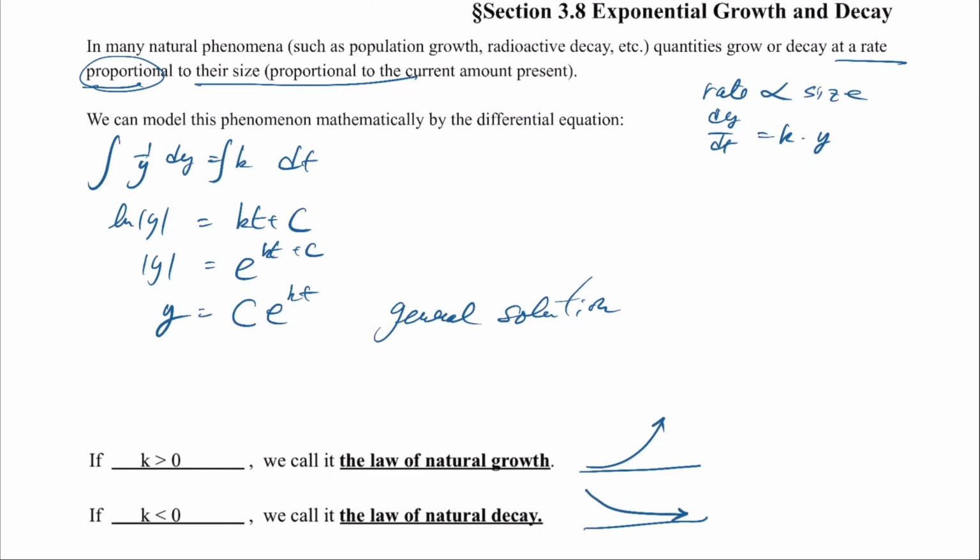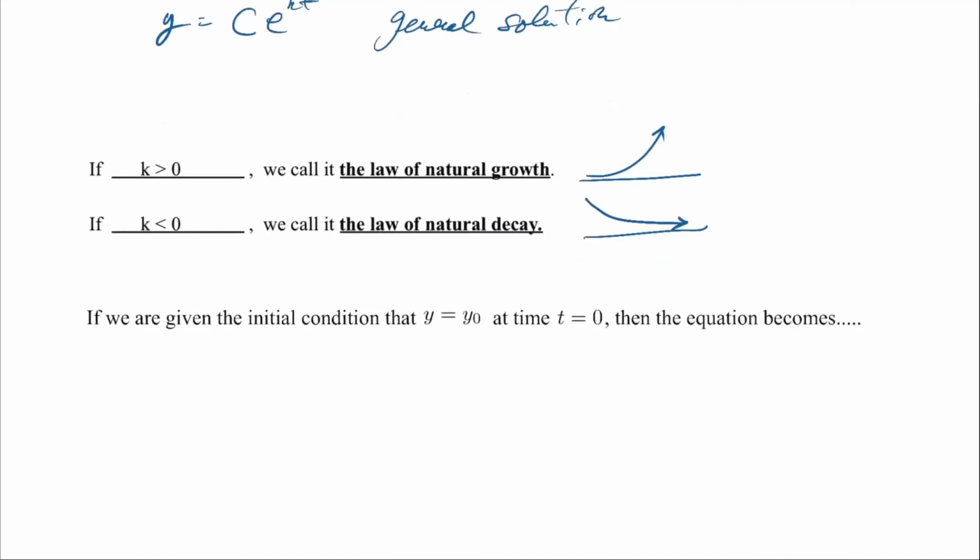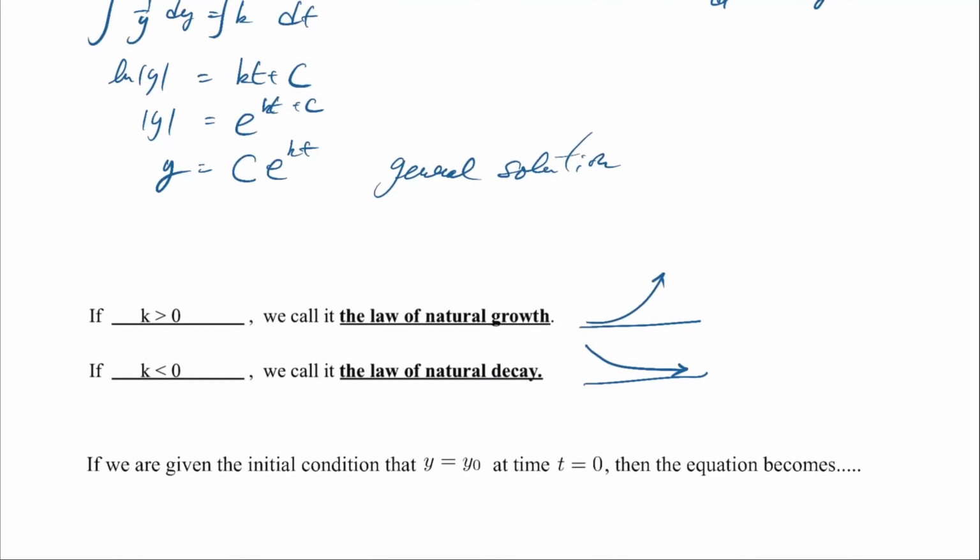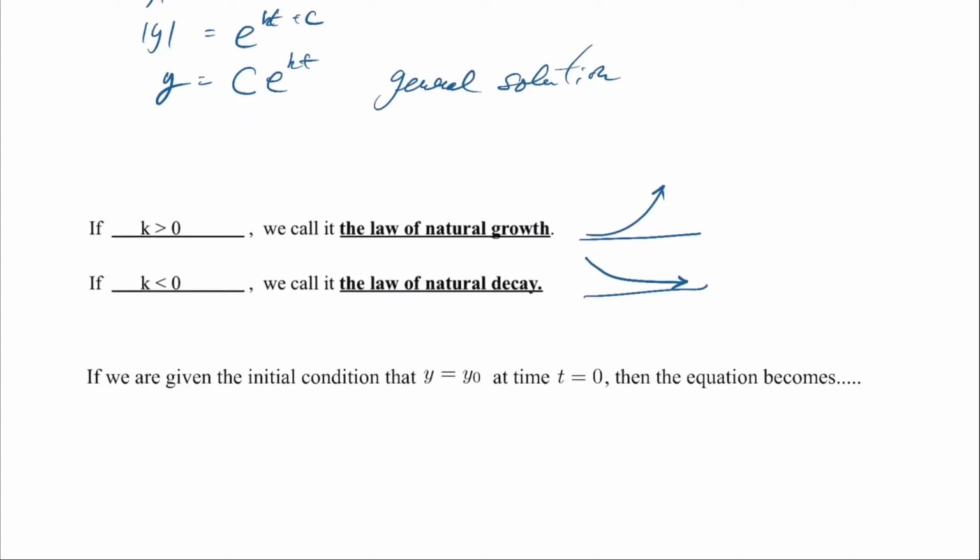All right, guys, so let's move on and fill in a couple more things here. So y is considered y naught at time 0. When you have y equal to c e to the kt, then y of 0 is c times e to the k times 0, but that's 1.